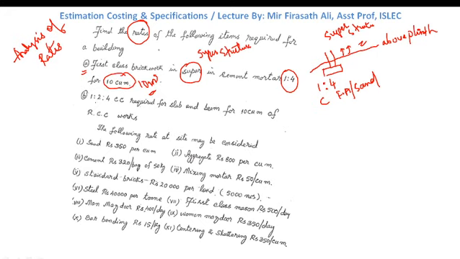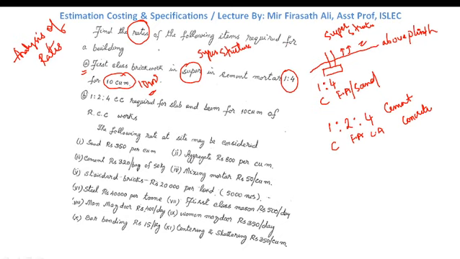Next, 1:2:4 cement concrete. What do we mean by CC? Cement concrete, that is cement, fine aggregate, and coarse aggregate in 1:2:4. It is required for slab and beam for 10 meter cube of RCC work.